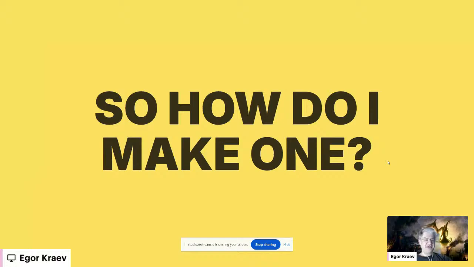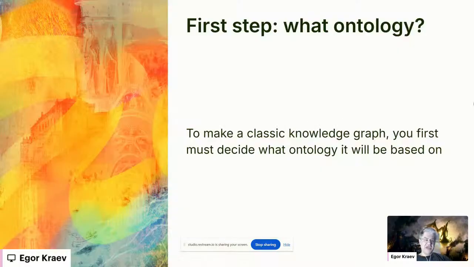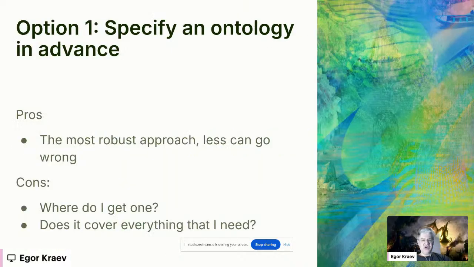So how do I make me a knowledge graph? The biggest or the messiest part of making a knowledge graph is what ontology do you want to use? Where do you take it? The first one, which is all that there really was until LLMs happened, was you have to write down an ontology by hand. What are my entities?